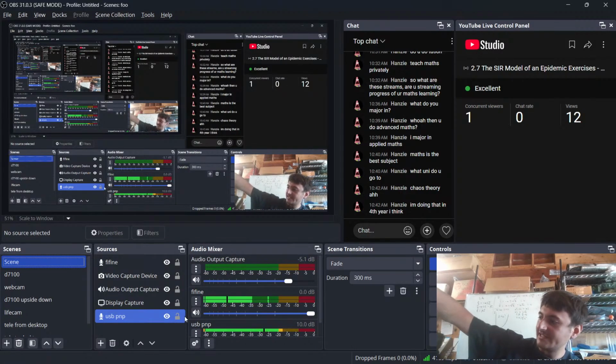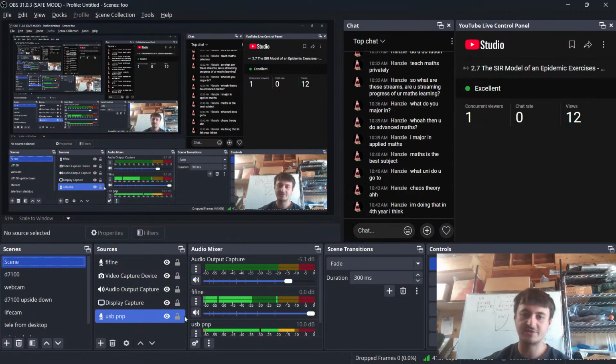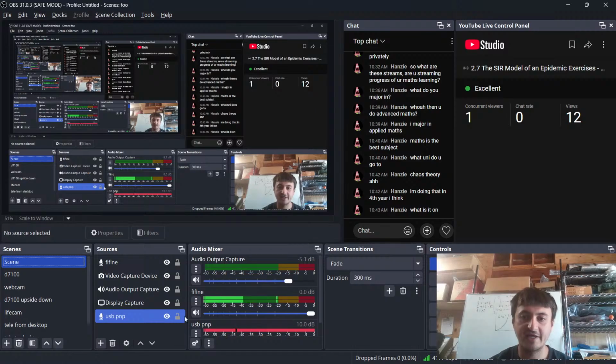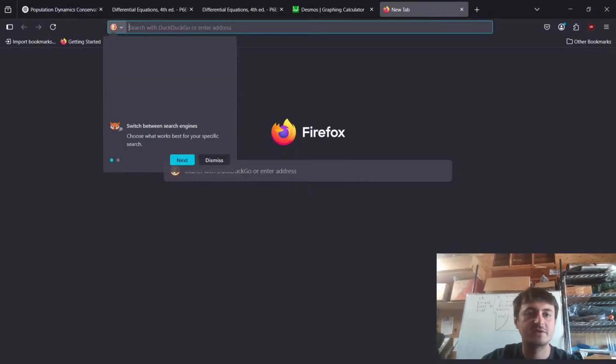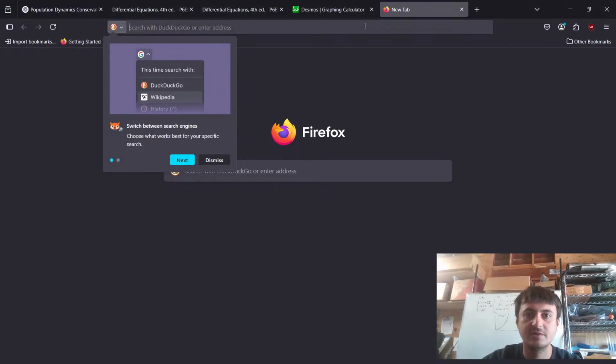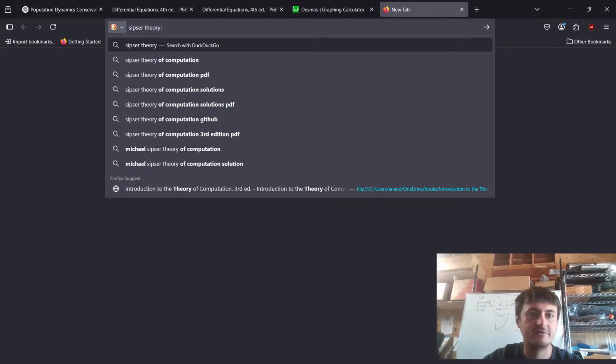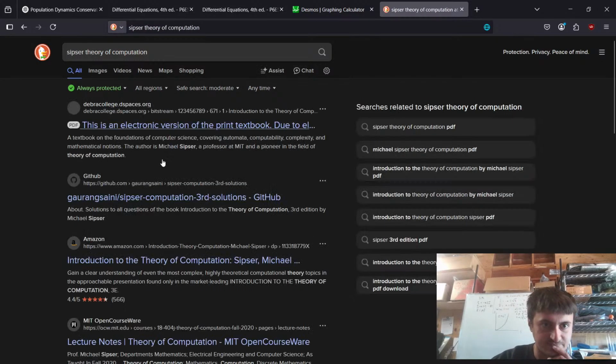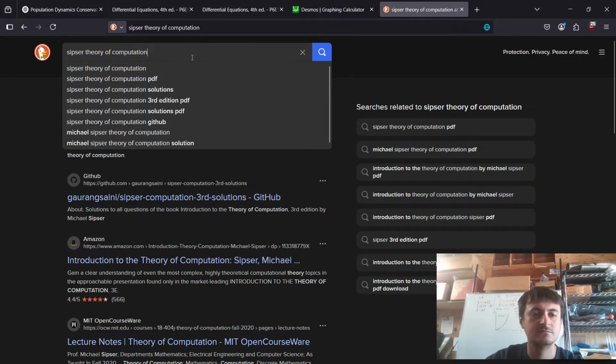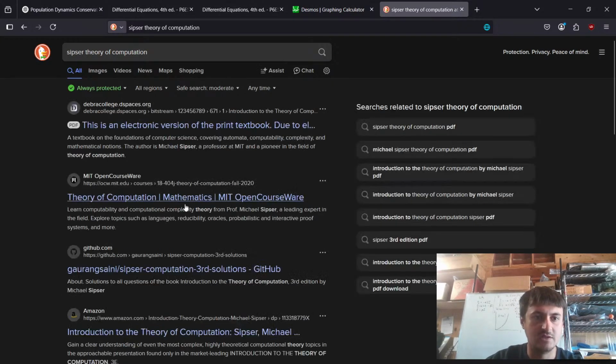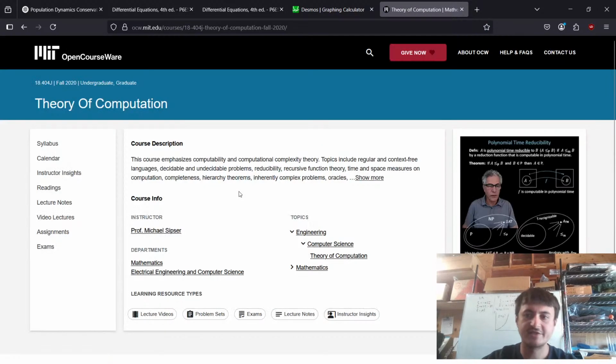That book is badass, man. And I've done a few chapters of that. And then I really want to work through this self-study. Here, I'll show you. This is the book. Sipser, Theory of Computation. Anyways, it follows this book.